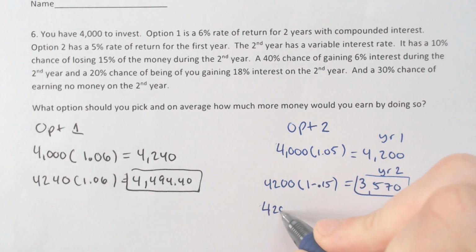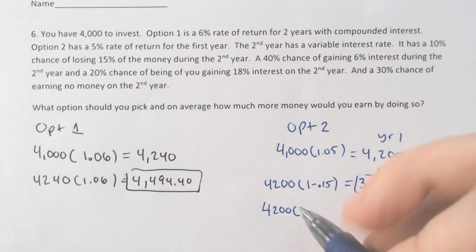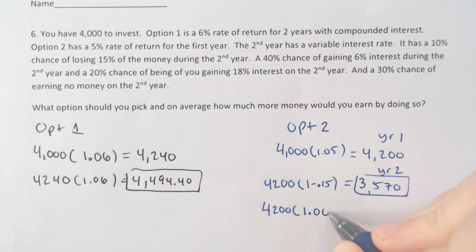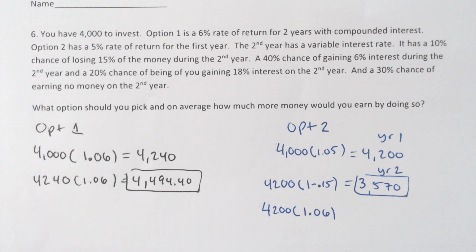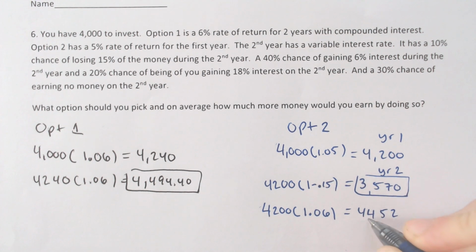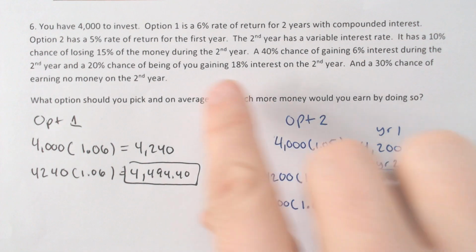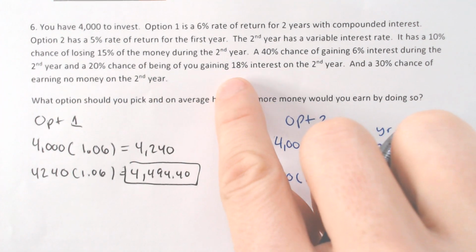But we also could have a 40% chance of earning 6%. So we would do 1.06 there. 4,200 times 1.06. And that would be equal to 4,452. For year two, final average there. And then we have the last one. Well, close to the last one.